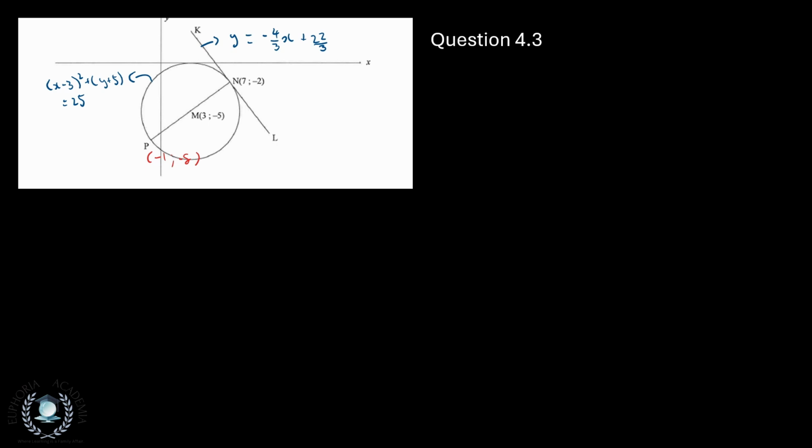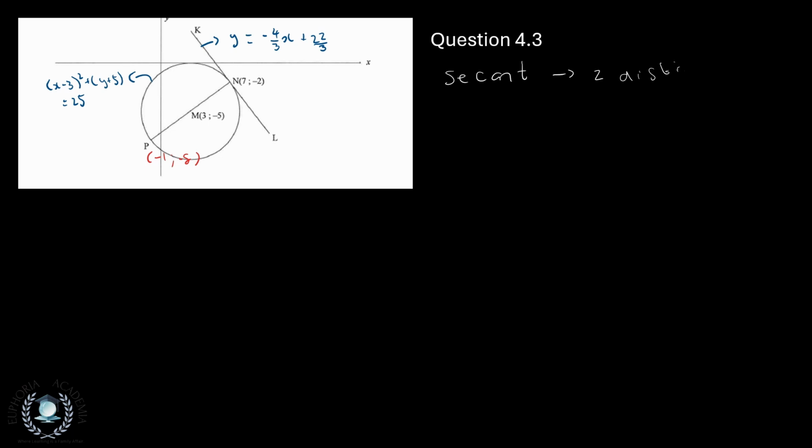For question 4.3, we're asked for which values of k will y equals -4/3 x plus k be a secant to the circle. So a secant is a line that cuts the circle at 2 distinct points.